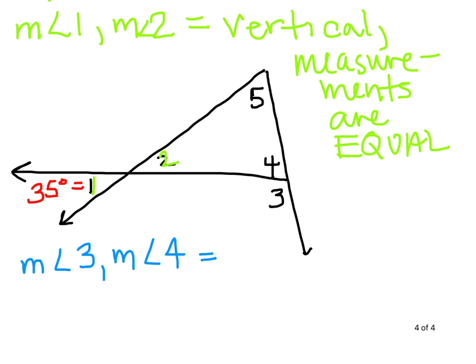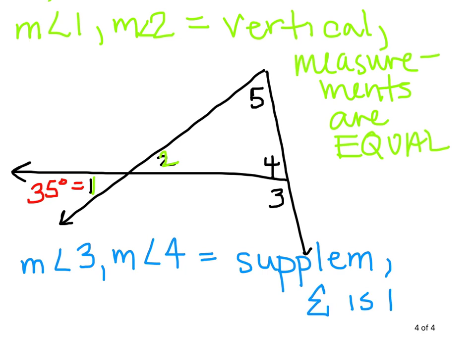Supplementary? Yes, very good. Angles 3 and 4 are supplementary. And what does that mean? What do we know about supplementary angles? They add up to 180. Good. So this is the symbol for sum. So the sum is 180.